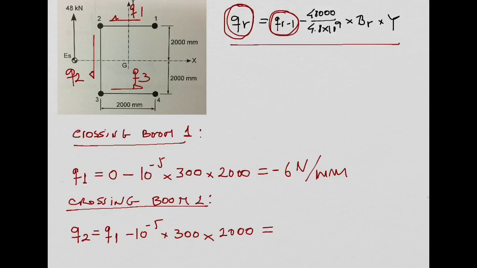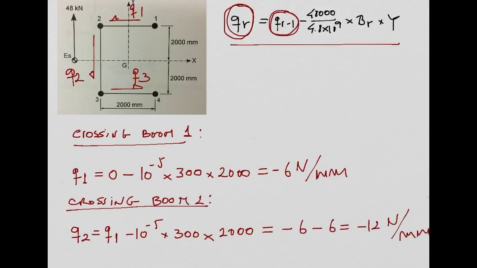So I know how much Q1 is, minus 6. You agree with me? So I can replace Q1 by minus 6. And this is going to be minus 6 again. So at the end I will get minus 12 Newton per millimeter. Right? Yep.